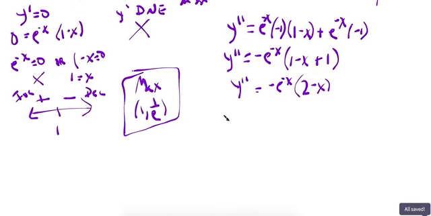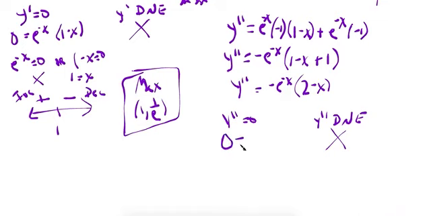Go through the same process we did over here. What makes the second derivative either equal to 0 or what makes the second derivative not exist? Once again, this is unrestricted. You can substitute anything you want in for x here. You get no domain restrictions here, so there's nothing that makes the second derivative not exist. However, if we set this equal to 0, once again we will be able to solve for some stuff.